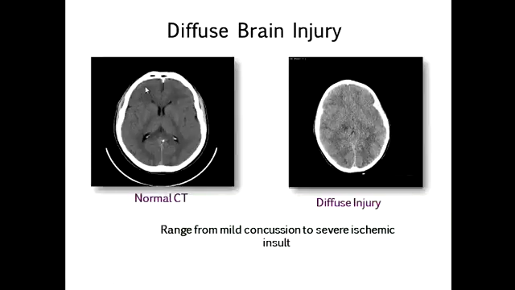There's also a nice distribution of the gray-white interface in this normal patient, as opposed to the patient who has diffuse injury, in which much of the gray-white distinction is lost, and where there is evidence of increased intracranial pressure because the ventricles are compressed shut.